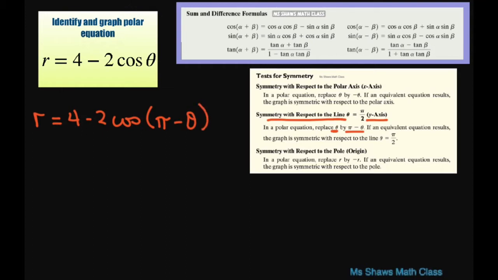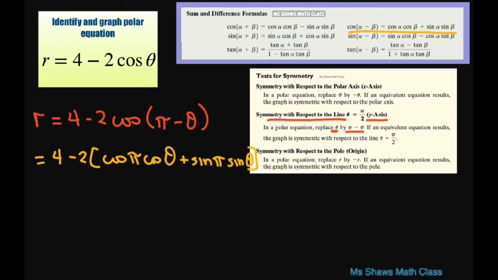Now if we get the same equation back, the test passes, and if we don't, it fails. So this is your sum and difference formula, has this form here. So let's expand that. This equals 4 minus 2 times cosine of pi cosine of theta plus sine of pi times sine of theta.